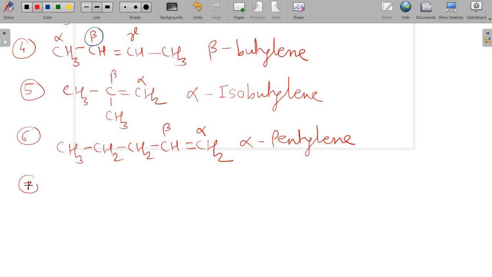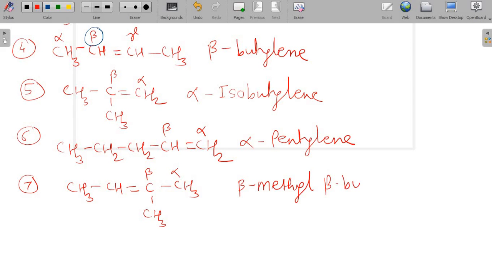If you see the next example, alkyl substituted alkylene, CH3 CH double bond C CH3 CH3. If you give the numbers, this is alpha, this is beta. At beta position there is a double bond and also at the same carbon atom there is a methyl group. That's why the position of the methyl group is beta, and it is beta methyl beta butylene.